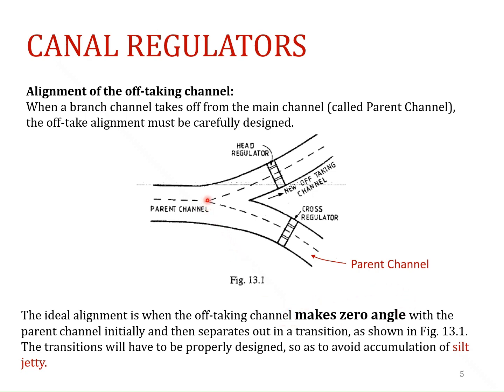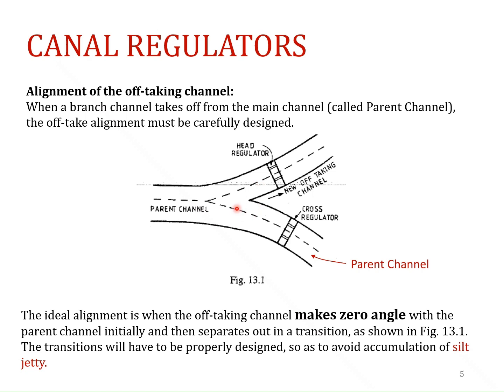Right here, the angle at the beginning is 0 with the parent channel initially, and then separates out in transition. Okay, the transition will have to be properly designed so as to avoid accumulation of silt jetty. Silt jetty means you can say a small collection of silt which you may have here.